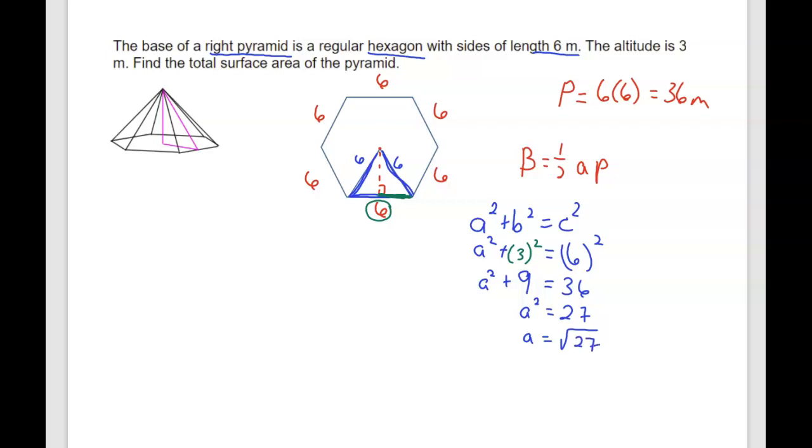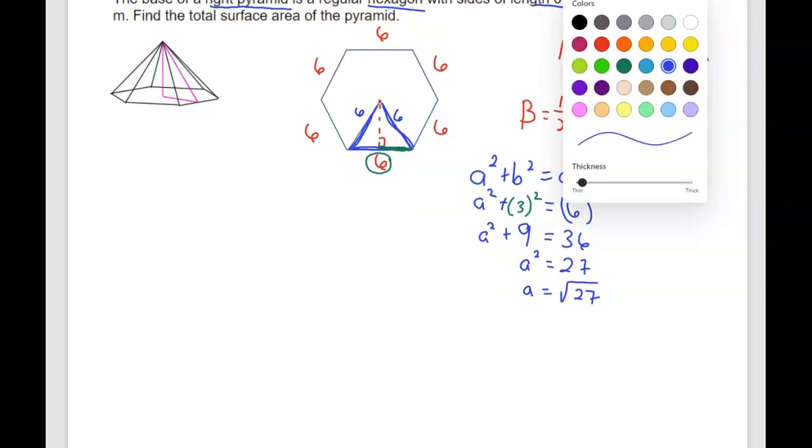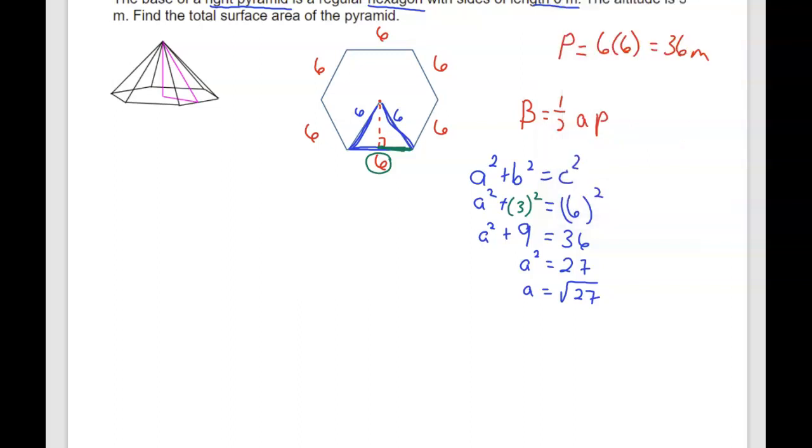Here we have a number that is not a perfect square, and we need to break it down. If you put it in your calculator, you're going to get a decimal number. Well, you want the exact value. So we break this down into two values that multiply to give 27.